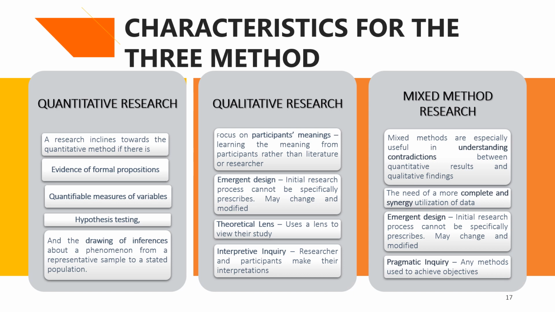The last method is mixed method. This method is a combination of both quantitative plus qualitative. Under mixed method, the researcher can start with quantitative. You test the relationship, and in the second phase, you interview participants or respondents to justify contradicting findings, or you want to confirm something.